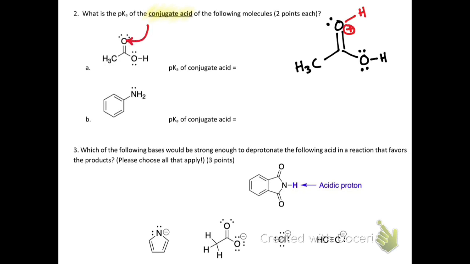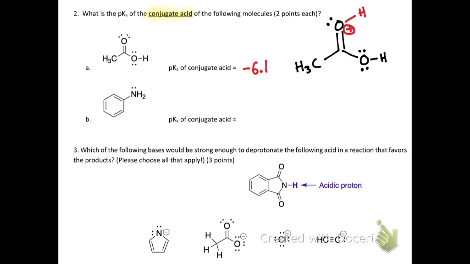This is a common misconception about, generally carboxylic acids act as acids. But if you have a strong enough acid that you're pairing them with, then you can protonate them. But it's specifically that oxygen that gets protonated. It is not this one right here. And we can see that if we look at our pKa table. So, also consulting the pKa table, we can see that the pKa of this conjugate acid is negative 6.1.